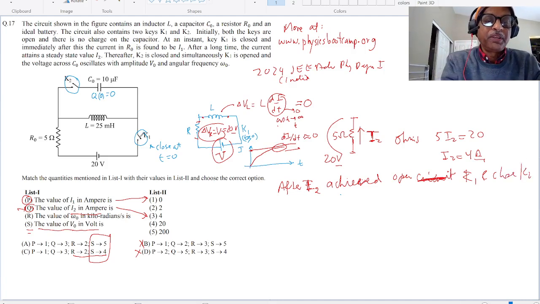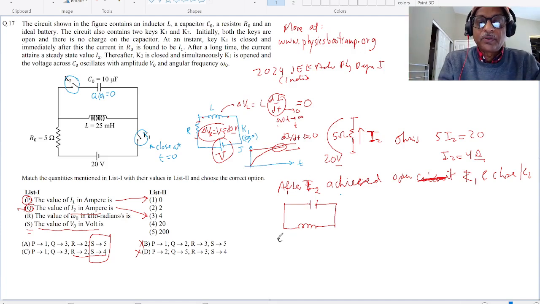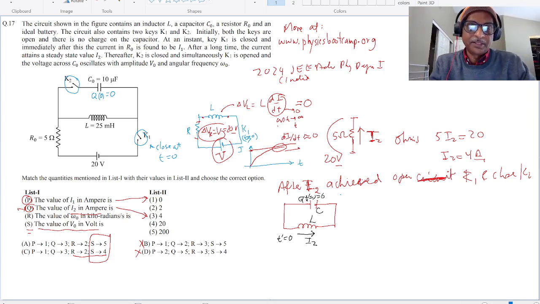If K1 is opened, then this part is offline, so at that time it's going to be just this. At t prime equal to 0, the new t, the current is I2, and the charge q at t prime equal to 0 is also 0. So this is an LC circuit.